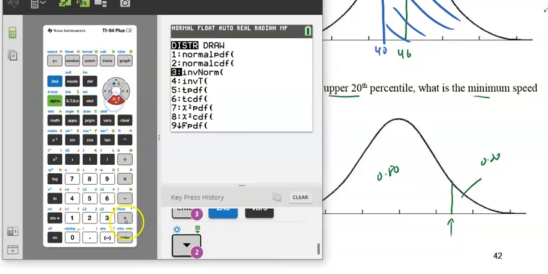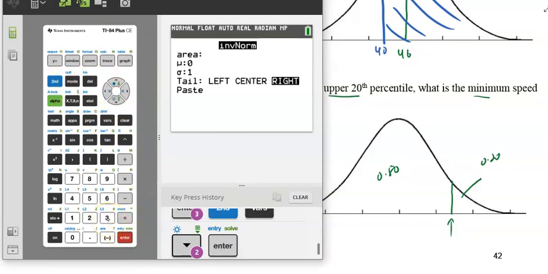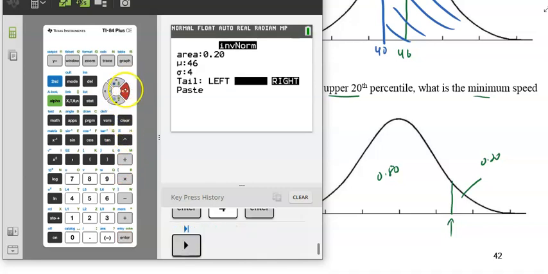We're going to go for the number 3. What is the area? We want an area of 0.20 on the right. What's the average? The average was 46. What's the standard deviation? A 4. Is this a left tail? Nope. Is it a center? No, it's a right tail. And go down.